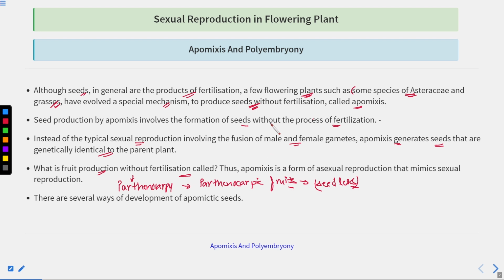Now, thus we can say apomixis is a form of asexual reproduction. In asexual reproduction, what is happening? The progeny which is produced is genetically similar to the parent.